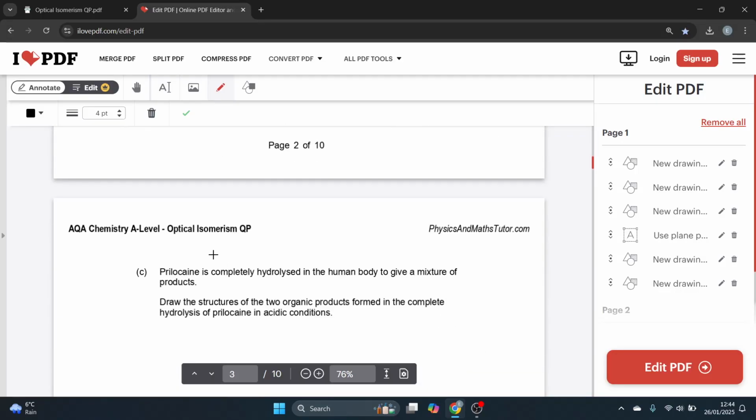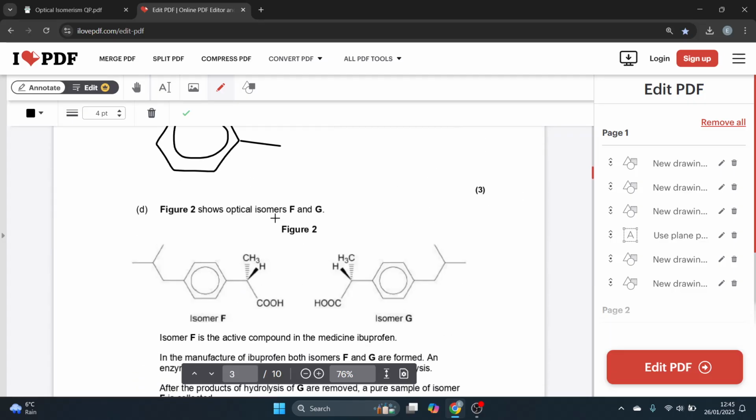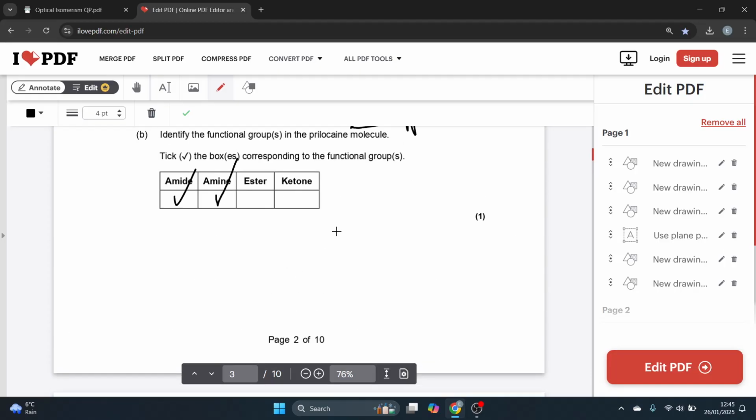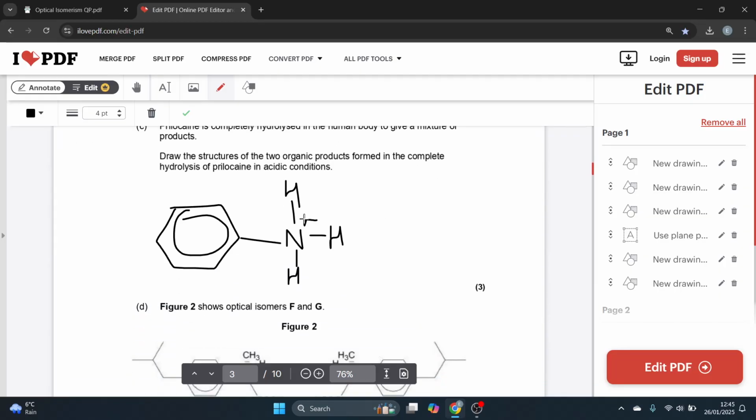Hydrolyze, so what's going to happen is I'm going to have the first one here, NH. I'm also going to have another hydrogen and another hydrogen. It's going to be positively charged. And then therefore the remaining one, positive charge nitrogen.